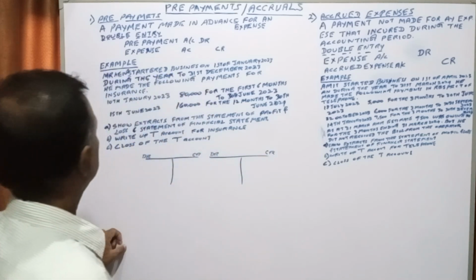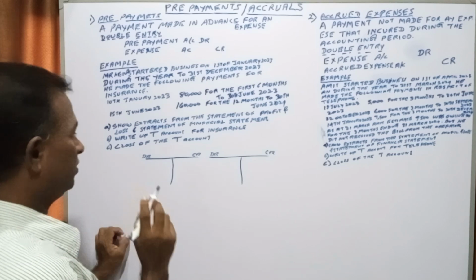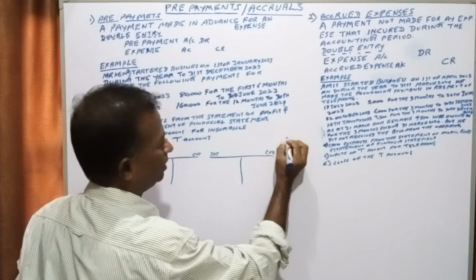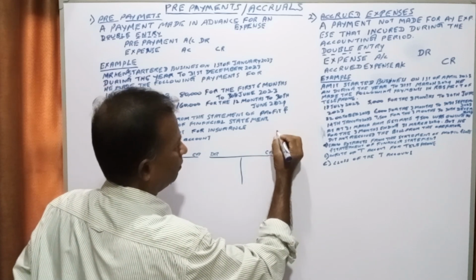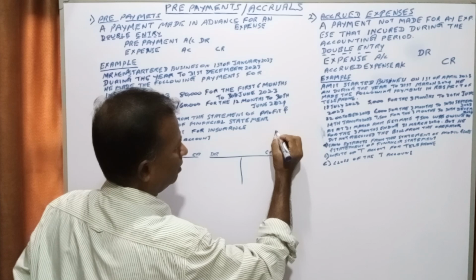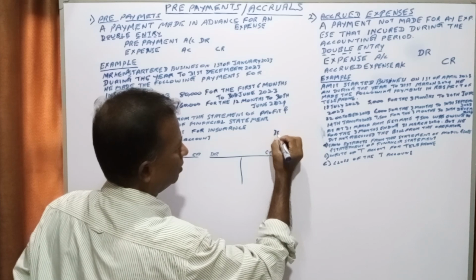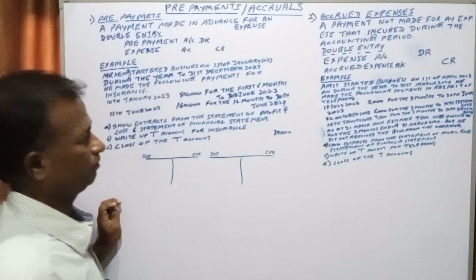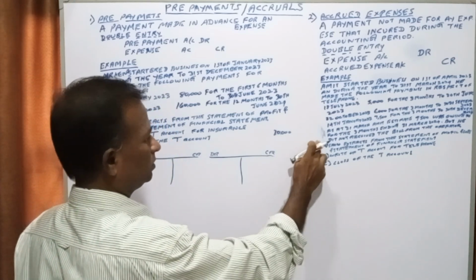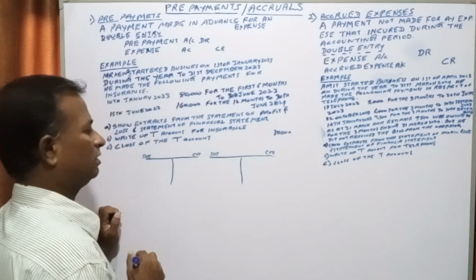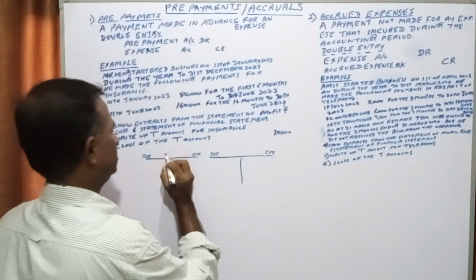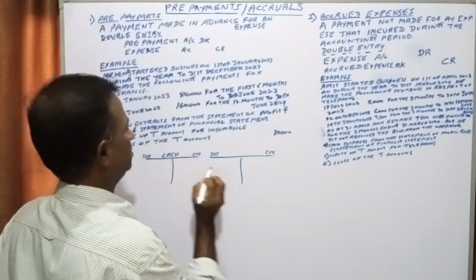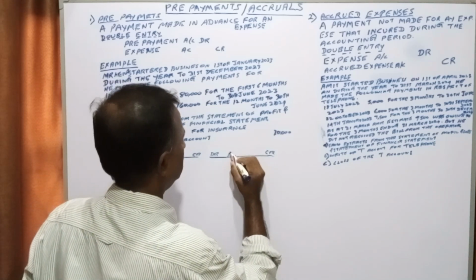Normally, if you have paid 20,000 for the electricity bill, what is the double entry? You will pass the cash account and the electricity account.